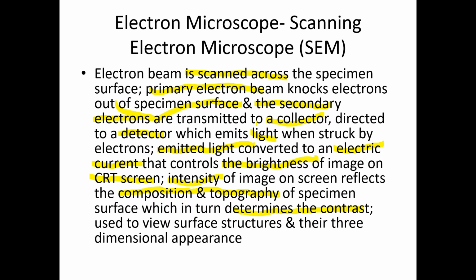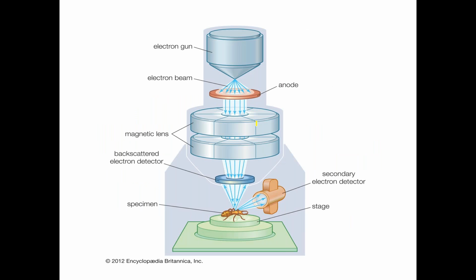This is how it works. You have got an electron gun here. Electron beam is produced. Clear. And it is passing through a few magnetic lenses and the backscattered electron detector. You have the specimen, see.